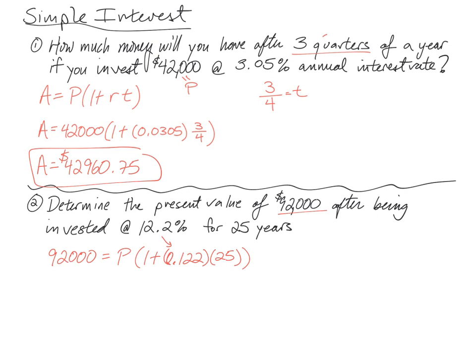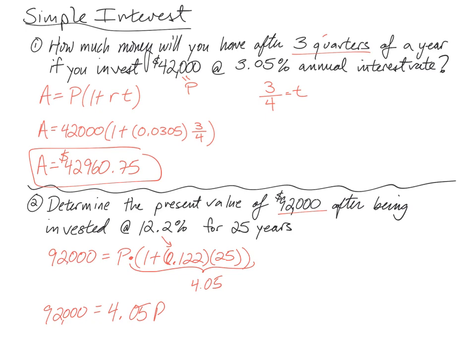How do we solve for P? Well, the first thing I would do is simplify everything in there to be 4.05. Now, since it's convention that we write a number being multiplied to a variable in front, this would be 4.05 times P equals 92,000.